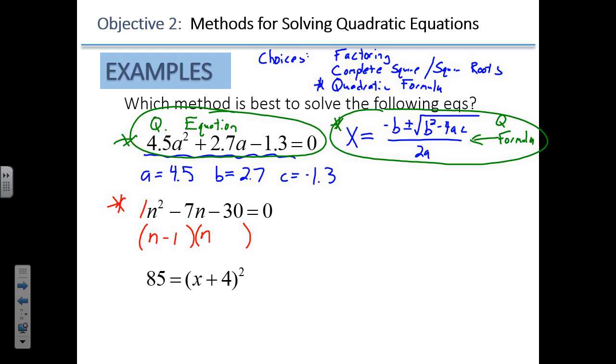And we can factor it into (n minus 10) and (n plus 3) equals 0, and therefore n is equal to 10 and n equals negative 3. Factoring is fastest if you spot the factorization. And so this one you would probably solve by factoring.